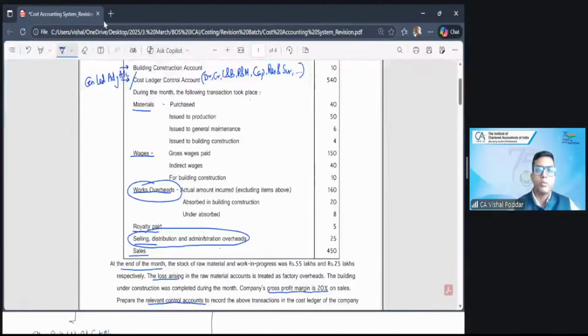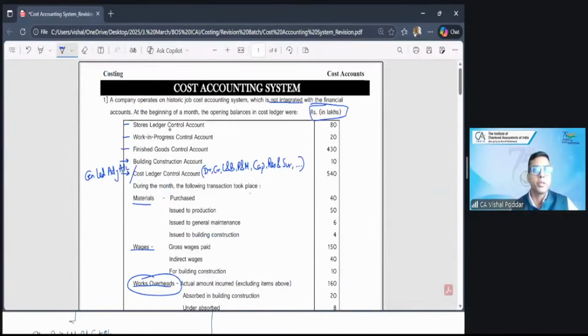Now, as we normally do in accounting, we'll first post the opening balances and then we will start with the entries. So 80, 20, 430.